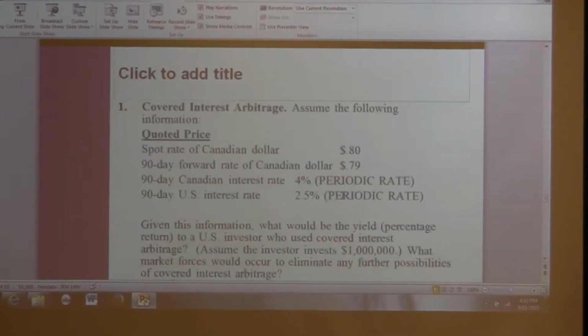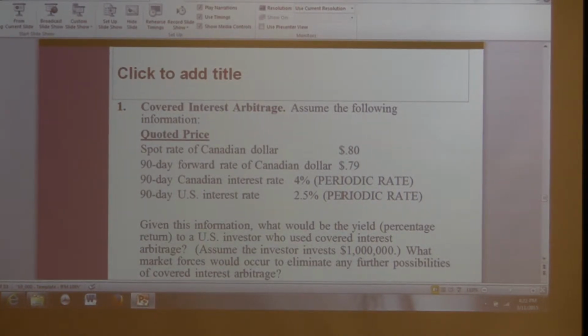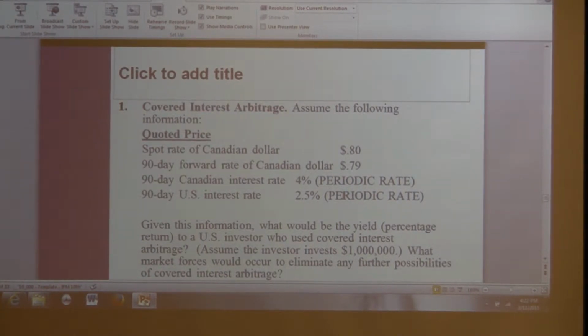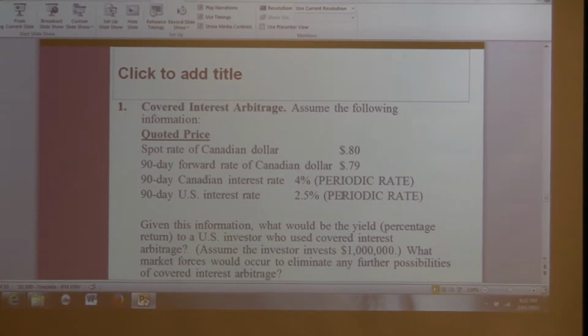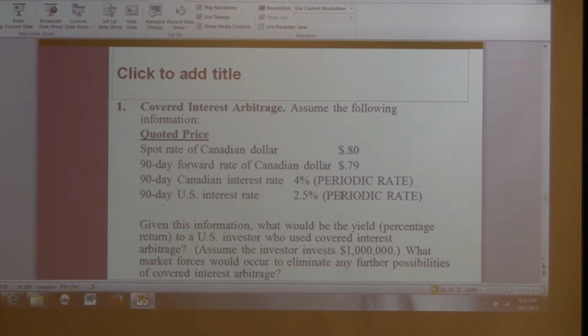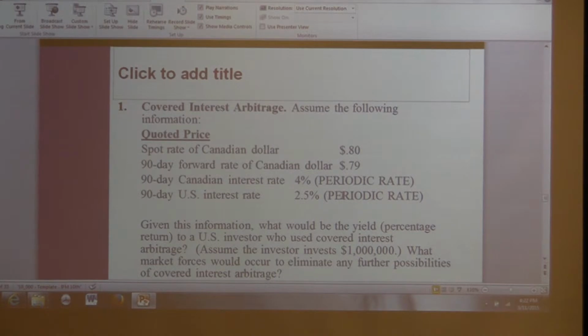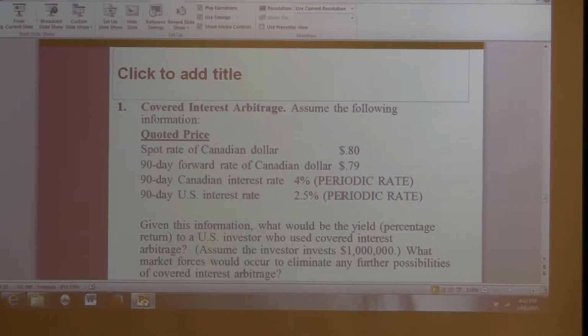So if you want to figure out whether you can make any money or not, okay? So typically what we want to do here is, what is the market price, okay? And what is the price based upon the formula, okay?